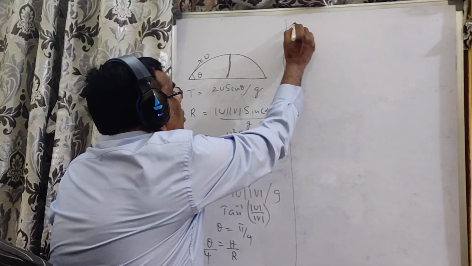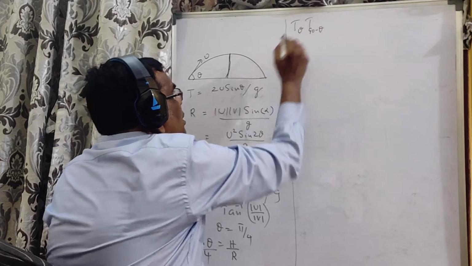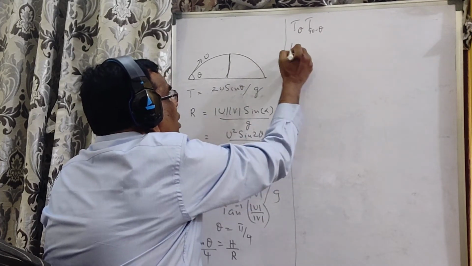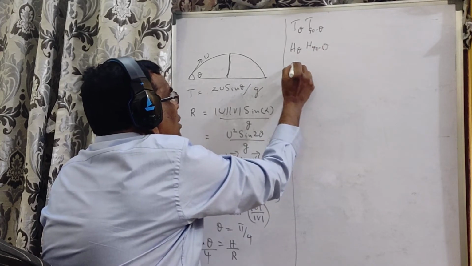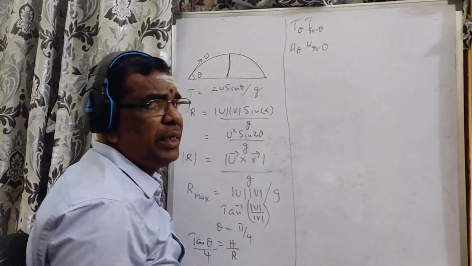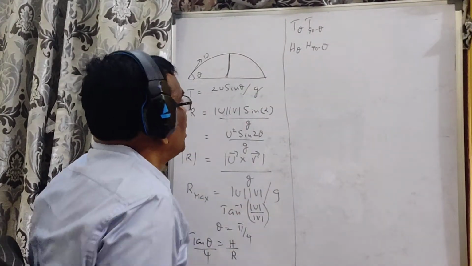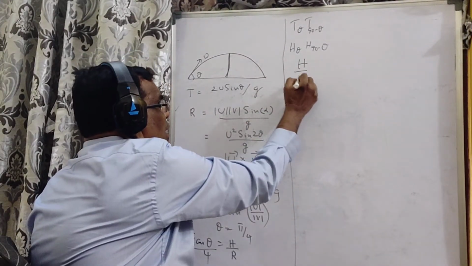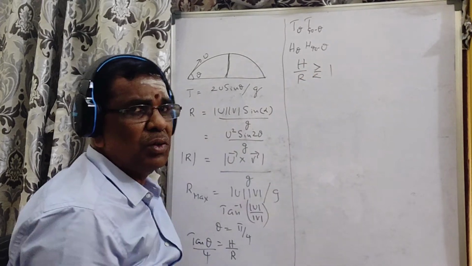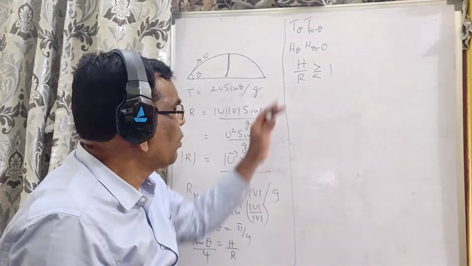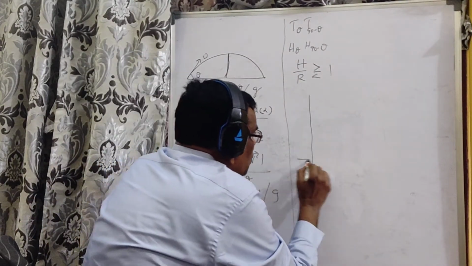Now, I also gave you t theta, t 90 minus theta, h theta, h 90 minus theta, and you know how these are related with your R. All those expressions I have tried to give you, and then h by R greater than or equal to, or less than 1, various cases. I'll just try to show you here.